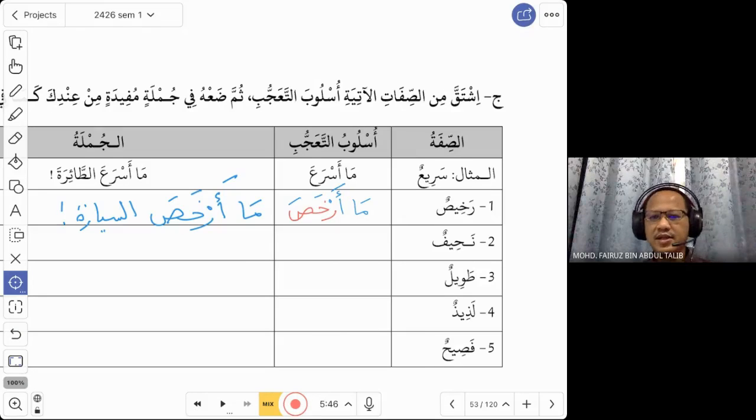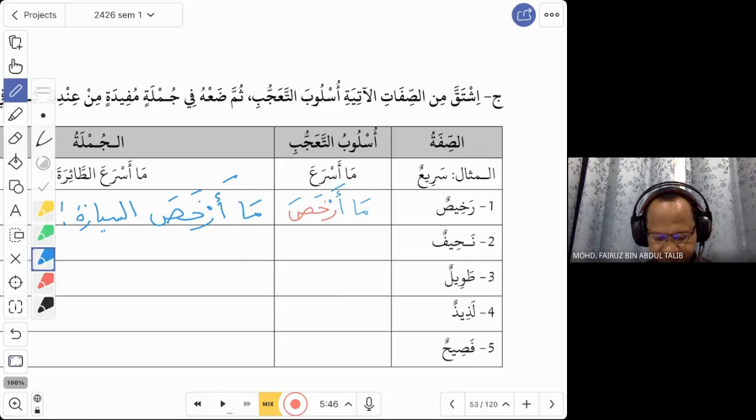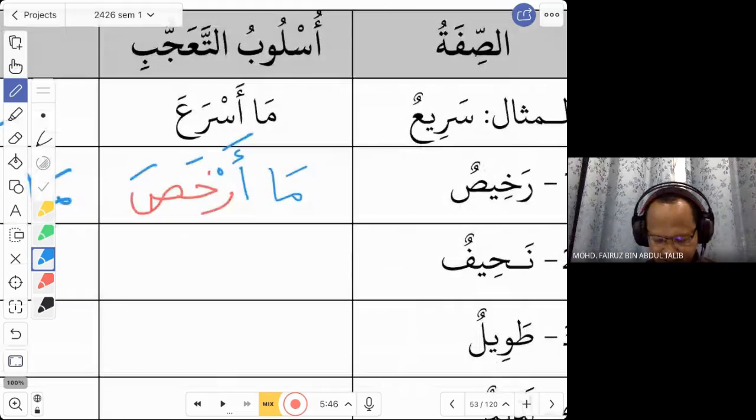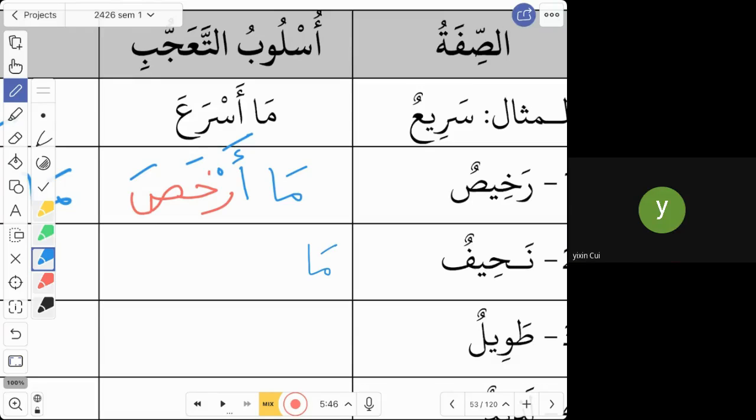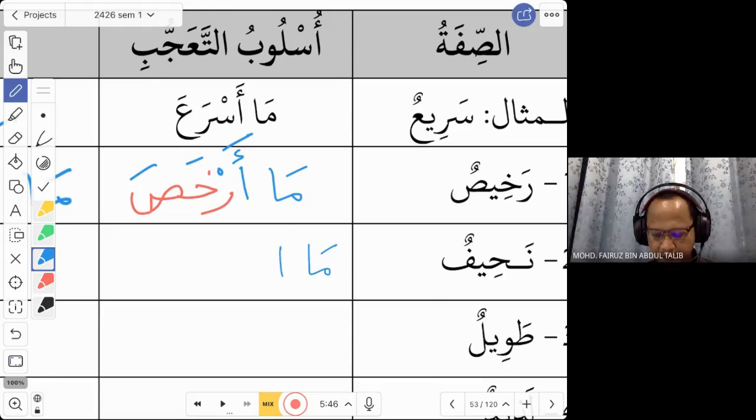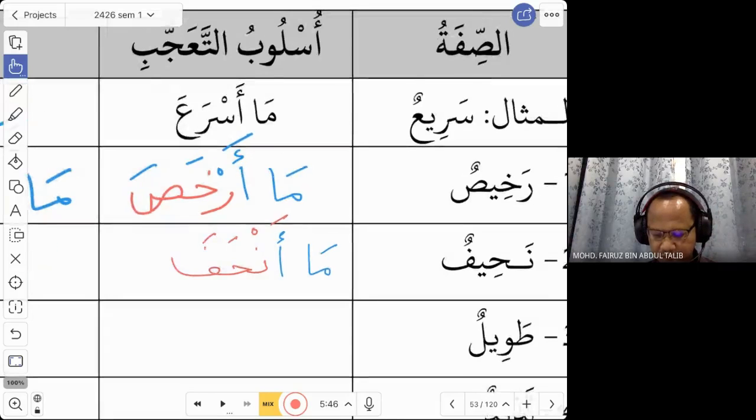So the تعجب for نحيف: what do we say now? ما أنحف. نعم, صحيح. So ma anhafa. The root word is non, ha, and fa. So we say ma anhafa. Good. Now the example. What is the object?